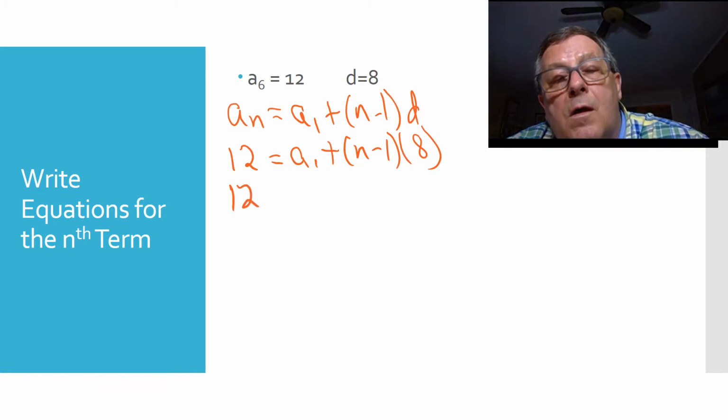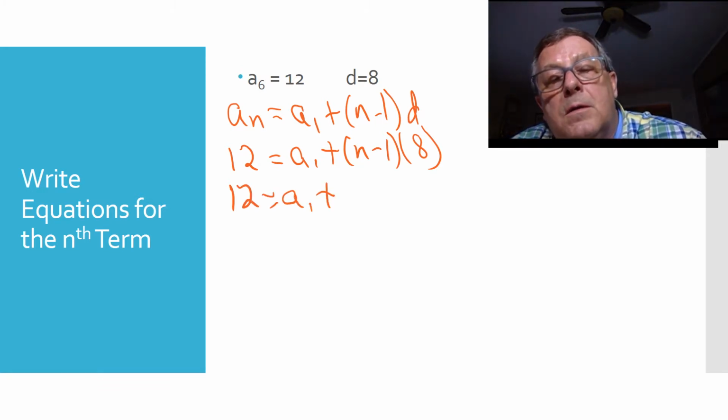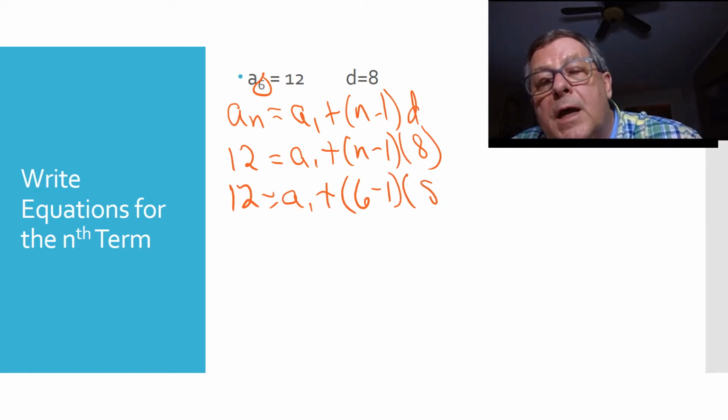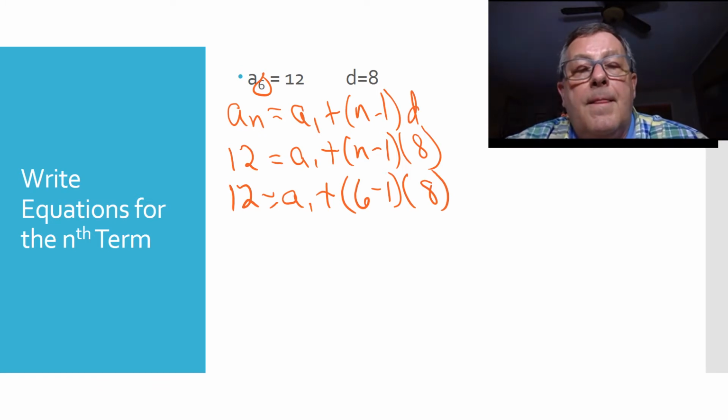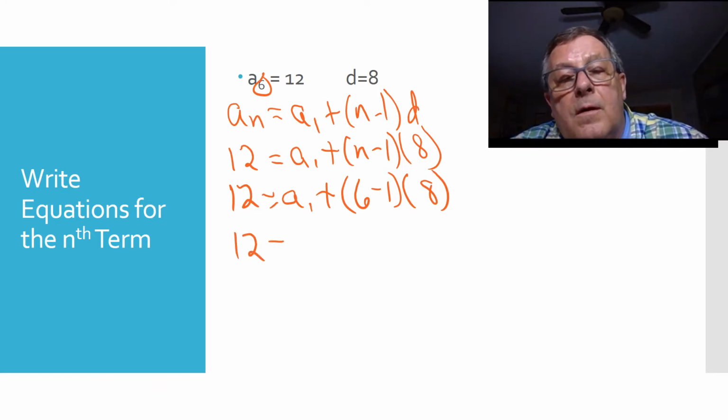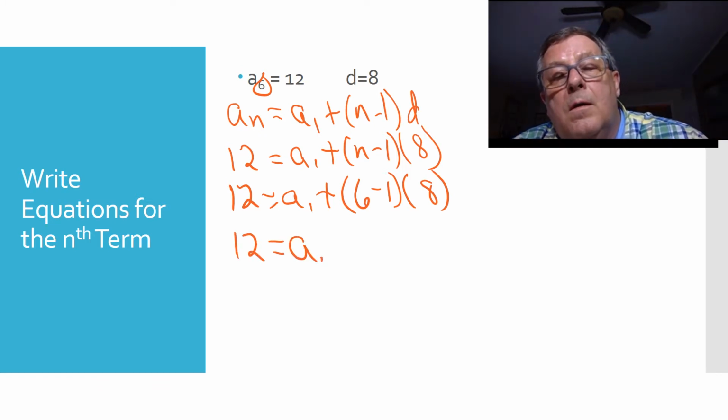So we've got 12 equals A1 plus n, which is 6, minus 1. This is the 6th number; 12 is the 6th number in the sequence, times 8. So we've got 12 equals A1 plus 5 times 8.